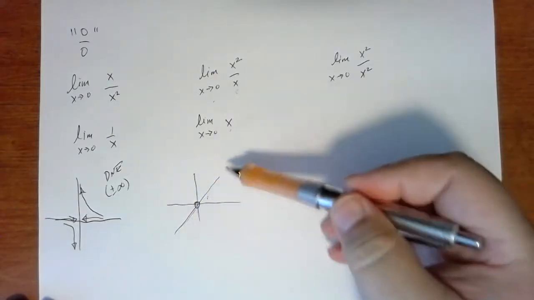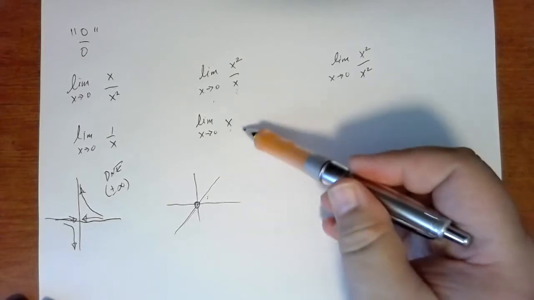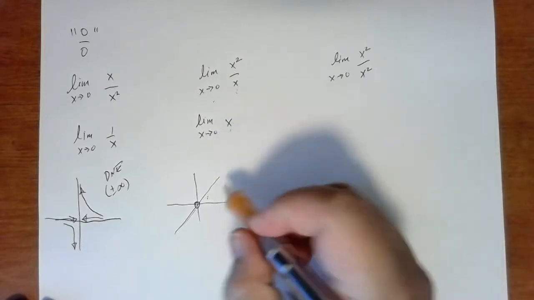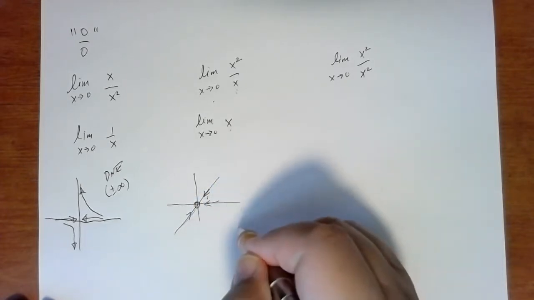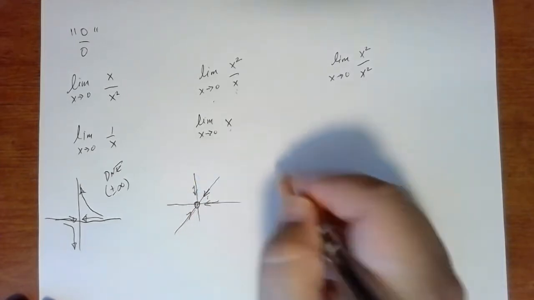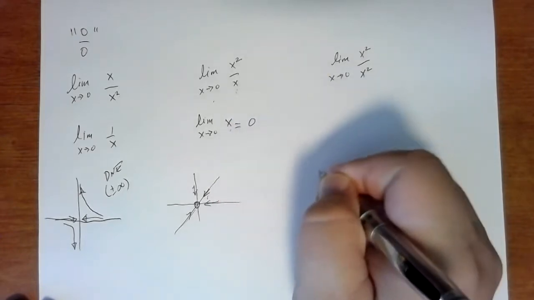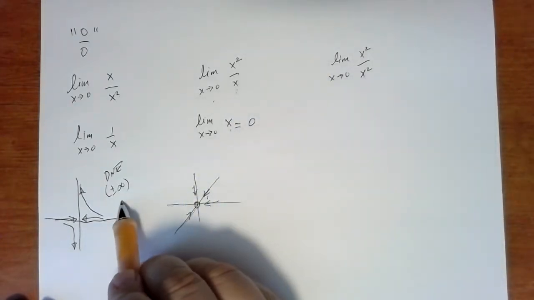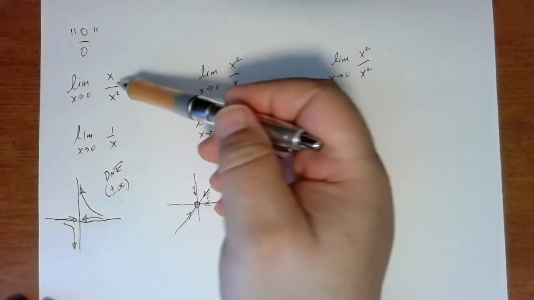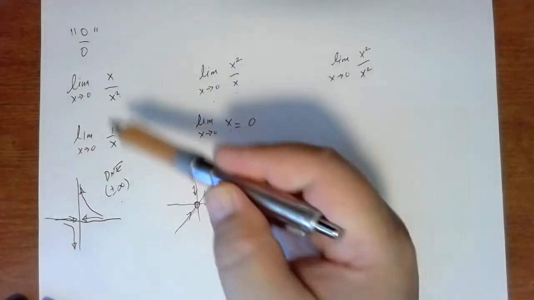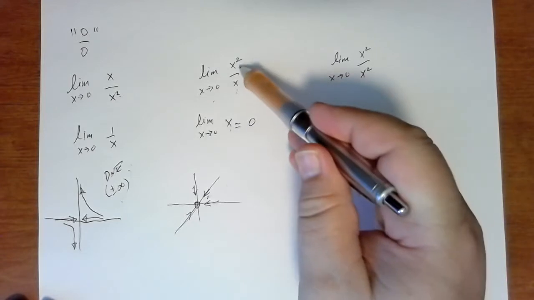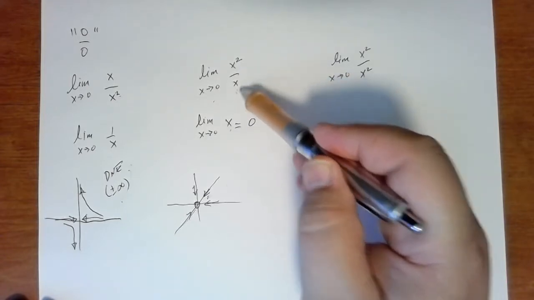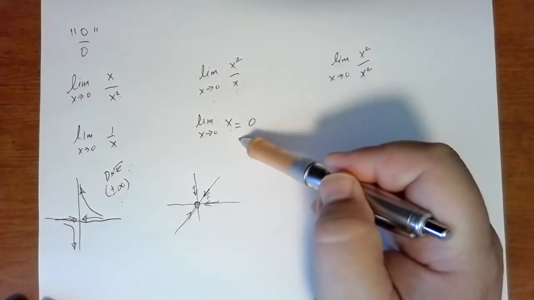Good, so this is actually a graph of our function. And here we see, as x goes to 0, what happens to our y values? The y values go to 0. So here the limit is equal to 0. So this is a situation where we originally have 0 over 0, but then we concluded that the limit does not exist. Here the limit was 0 over 0, and here we concluded that the limit was 0.